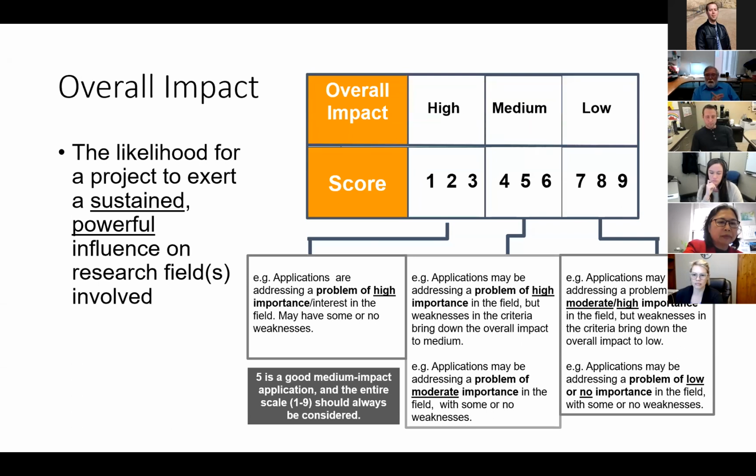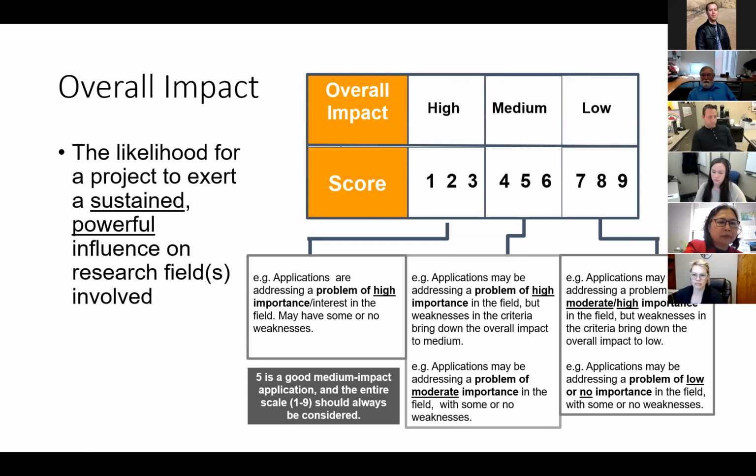Or it may be addressing a problem of moderate importance in the field and not have any weaknesses in the operational part of the grant or the approach. If you get up to 7, 8, and 9, pretty much here you're addressing a problem of moderate to high importance, but a lot of weaknesses in the criteria bring down the overall impact very low.